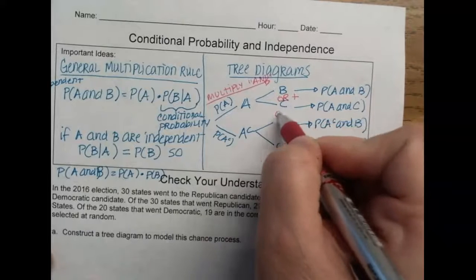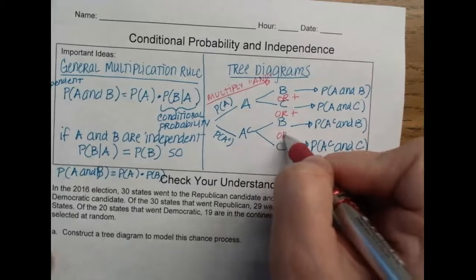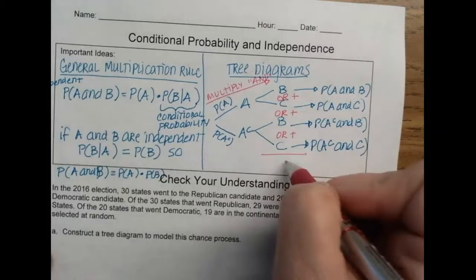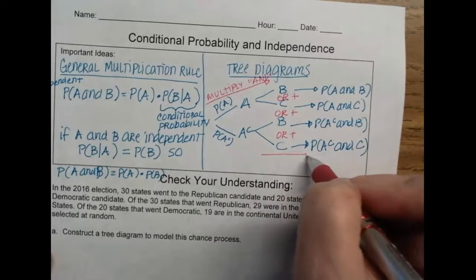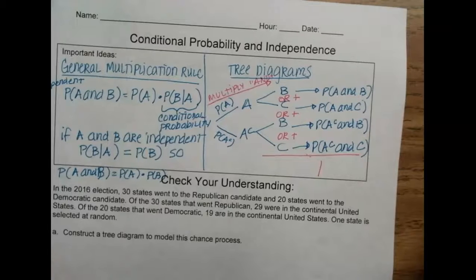So that means you add the probabilities when you're going between branches. And when you add all of these probabilities up, they're going to equal 1 to be a valid probability model.